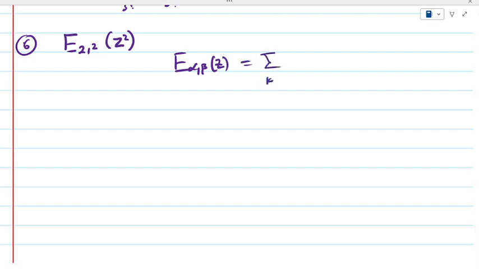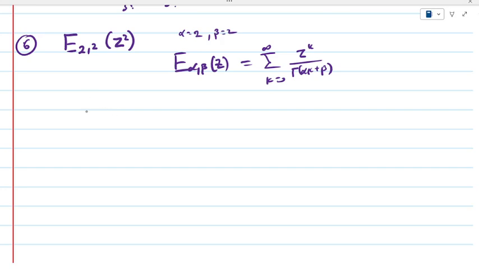With that, now we can find that this will be case 6, the Mittag-Leffler function E_{2,2} of z squared. And don't forget our Mittag-Leffler function of alpha, beta of z is equal to the summation k equals 0 to infinity of z^k over gamma of alpha k plus beta. Here now our alpha is equal to 2 and our beta is equal to 2.